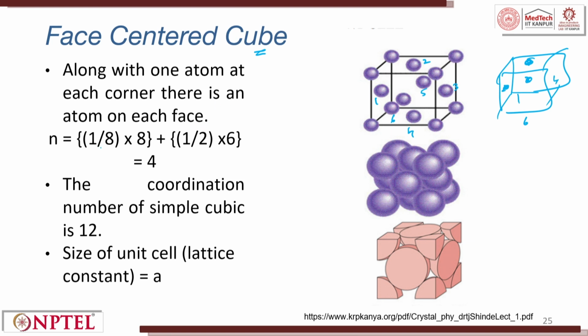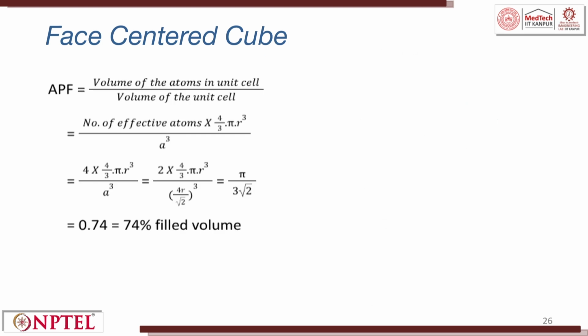So, it is 1 by 8 into 8 plus 1/2 into 6, which is 4. The coordination number of face centered cubic is 12. The constant is a. You can see what the atomic packing factor is: pi by 3 root 2.